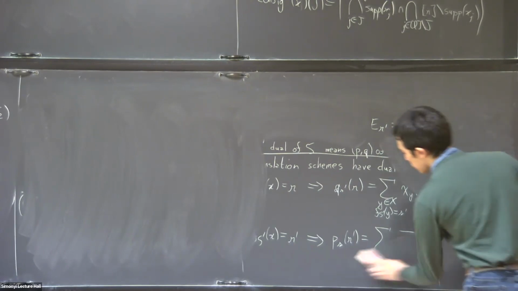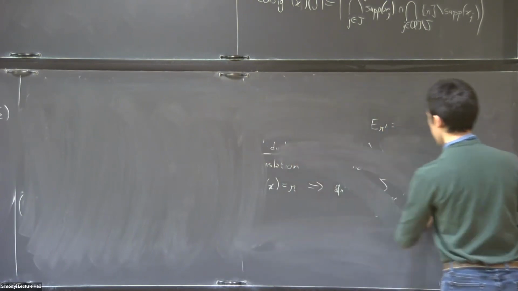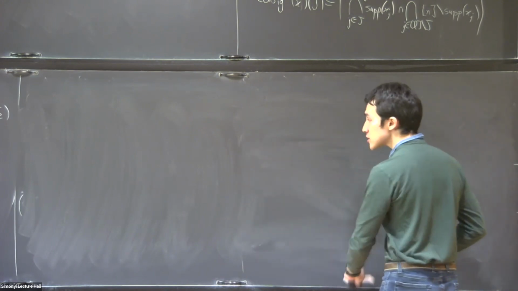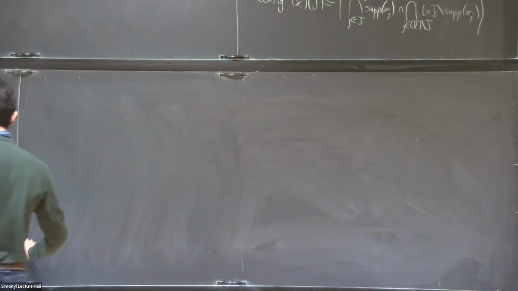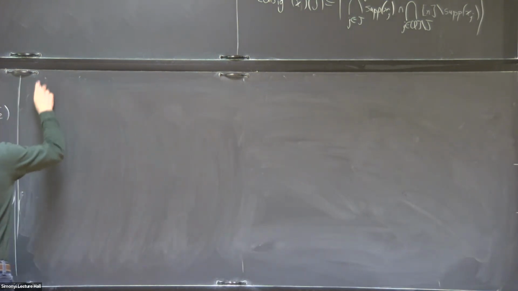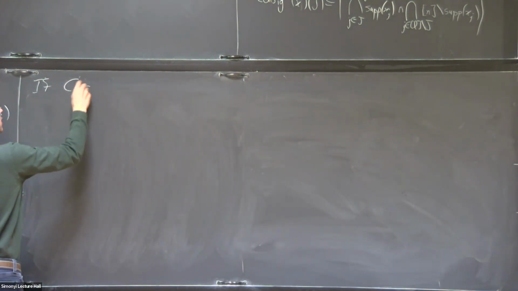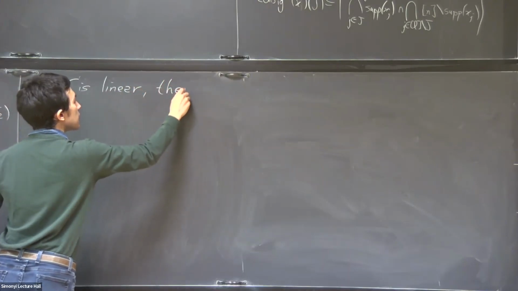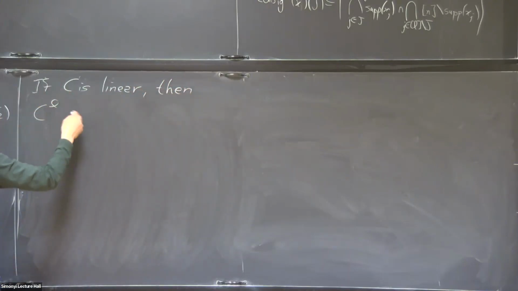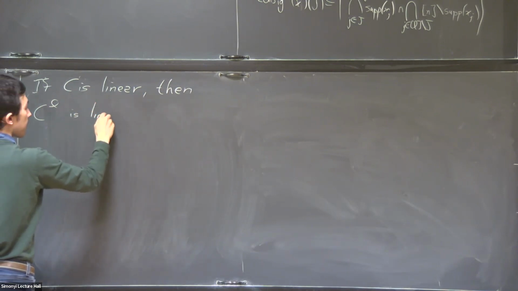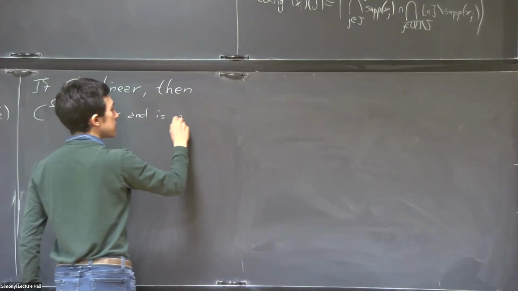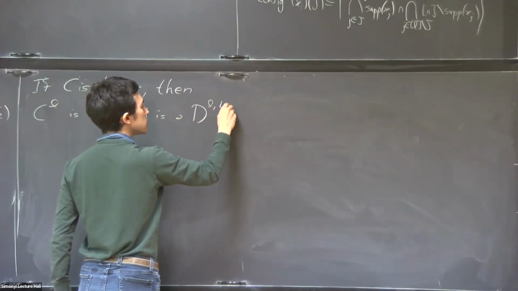We'll be mostly focused on linear codes. And for linear codes, you can do something slightly smarter, which is just a small subtlety, but it makes the whole difference, which is if C is linear, then C to the L is also linear, and it's a DL lin code.